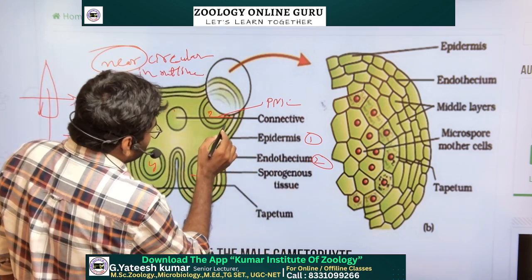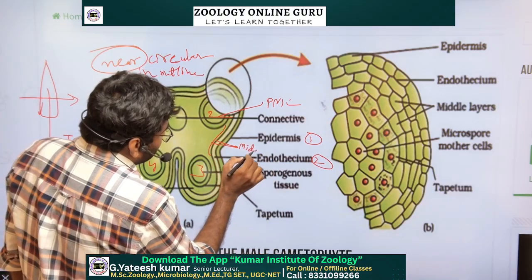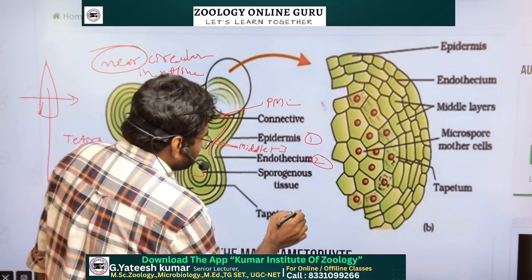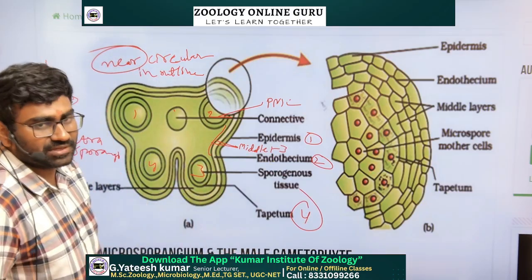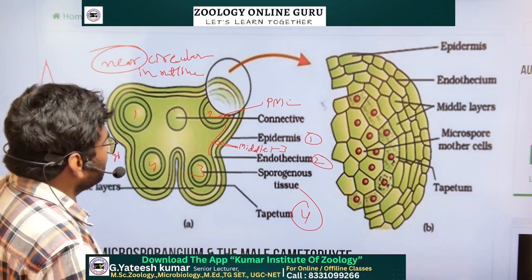These are the middle wall layers. Usually they are 1 to 3 layers, and the last one is the tapetum. These are the four important parts of the microsporangium, right?